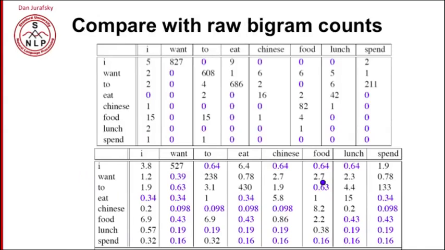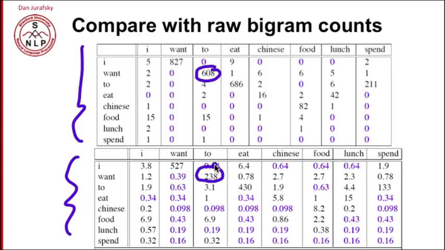So up here on the top, we have the original counts, and here we have our reconstituted counts. And I want you to notice that there is a huge change. In our original counts, 2 followed 1 608 times. In our smoothed counts, 2 follows 1 only 238 times. So it's almost a third, 3 times smaller.